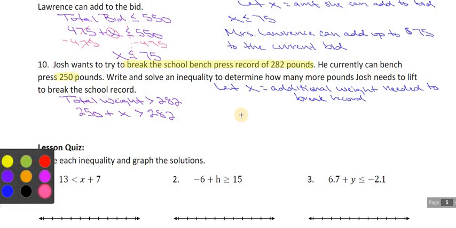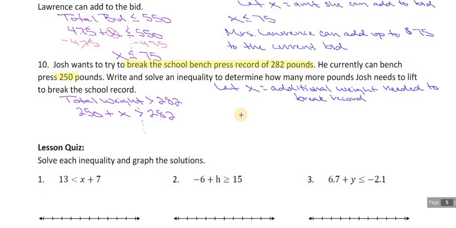Okay, so we're going to solve this. Dotted line through our inequality, circle the variable. When we subtract 250 from both sides, we're going to end up with X is greater than 32.